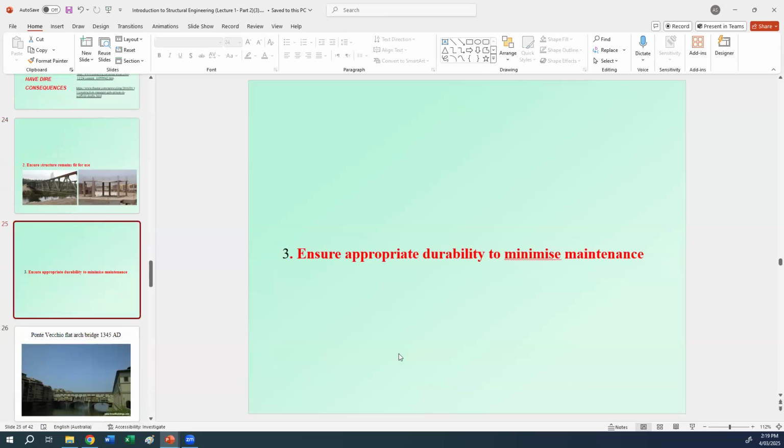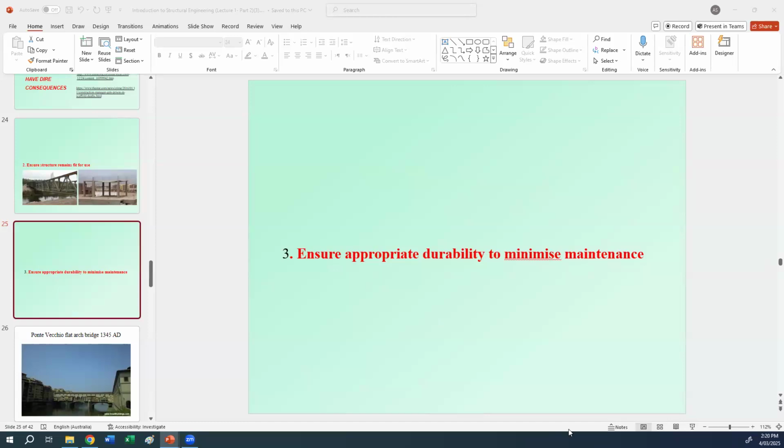Okay, the third criterion of design is to make sure that the structure is durable, or to minimize the maintenance required during the life cycle of the structure.